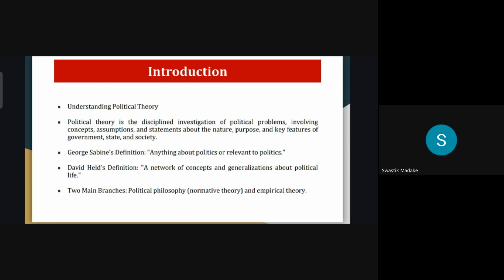Among the philosophers you witness, for example, Plato gave the idea of the philosopher king. He says that the one who is highly knowledgeable, extremely powerful in his knowledge, should become the king or ruler of the country, to which he gave the name philosopher king. Because according to Plato, philosophers know almost everything.